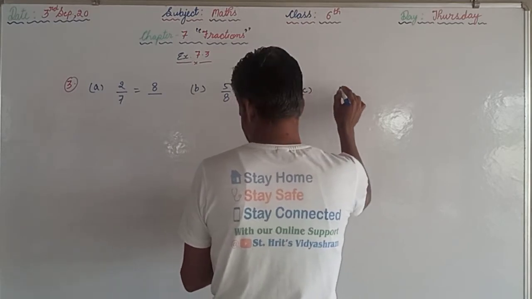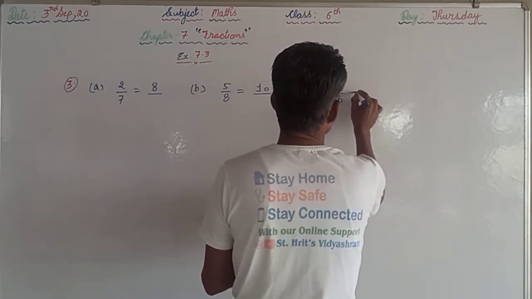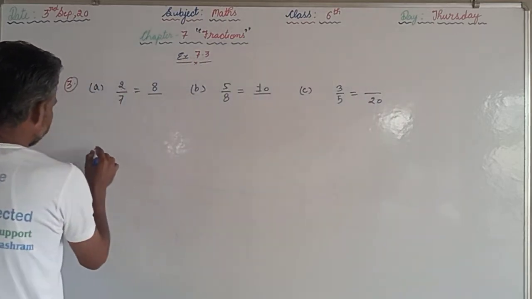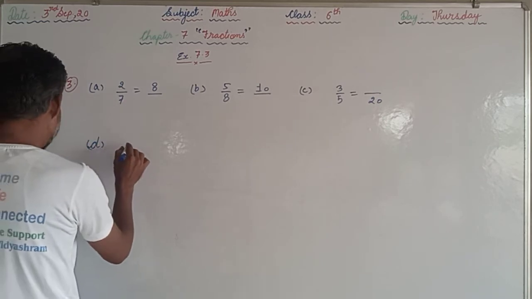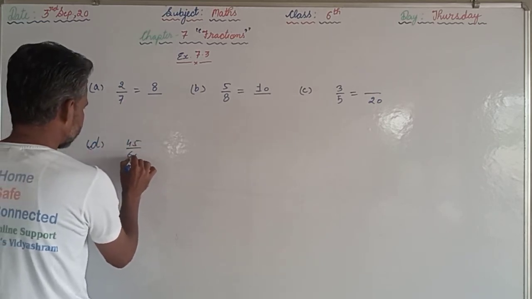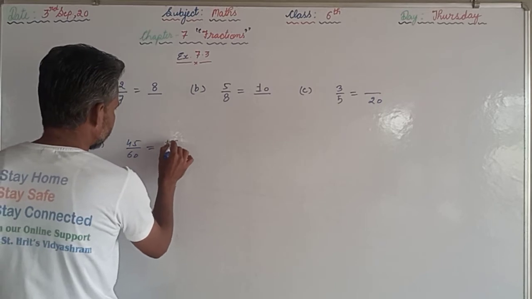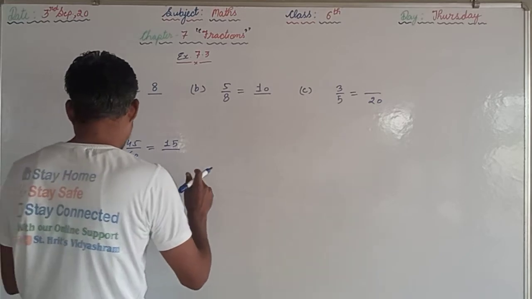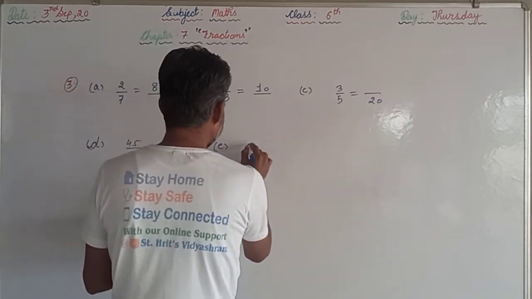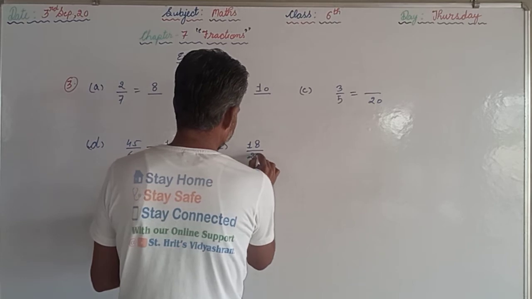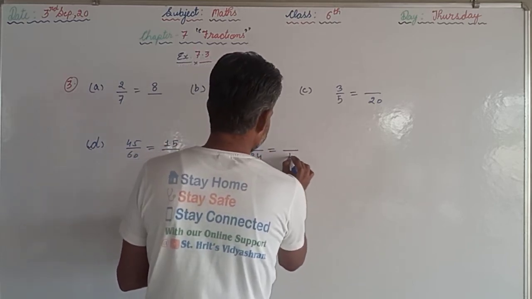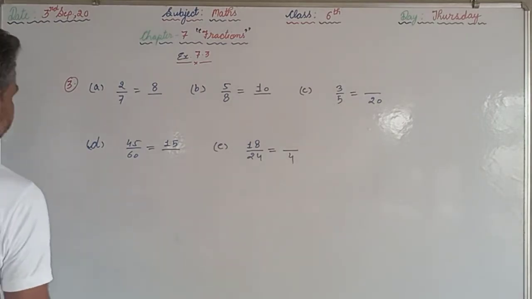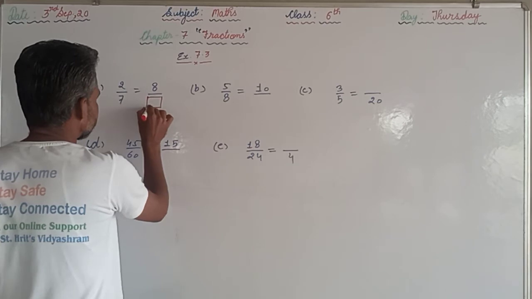C is 3/5 is equal to box upon 20. Then D is 45/60 is equal to 15 upon the box. Then E part is also there. In E part, 18/24 is equal to, so we are supposed to fill the boxes. Here the box is there.